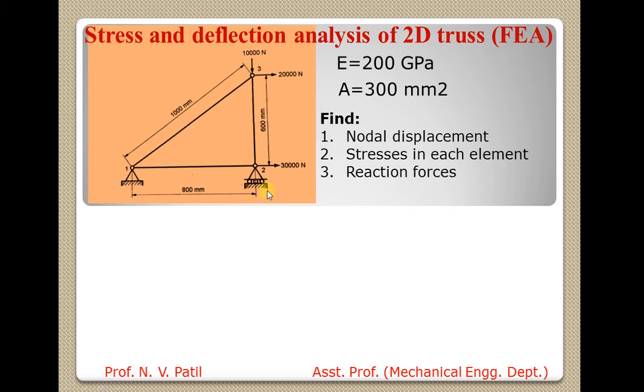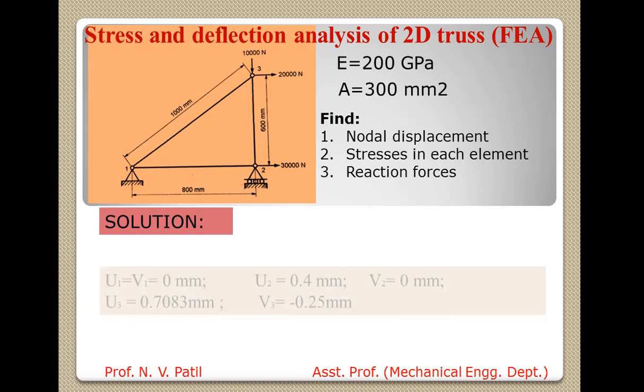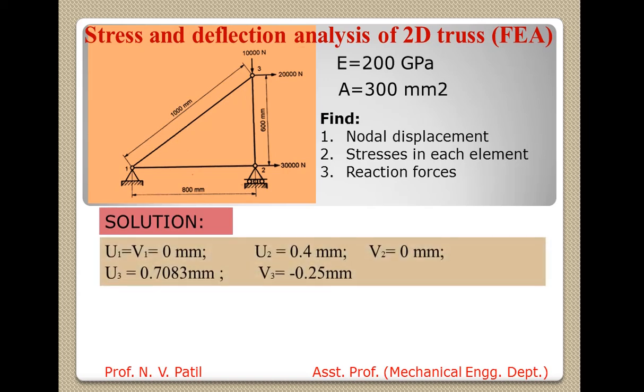Analytically, we get the solutions as follows. First we get the deformation, that is the displacements U1, V1, U2, V2 and U3, V3. Here U denotes the axial deformation in the x direction and V denotes the displacement in the y direction. The suffixes 1, 2, 3 denote the node numbers.